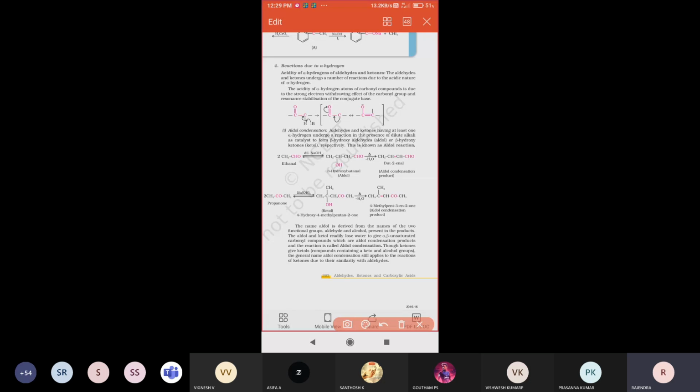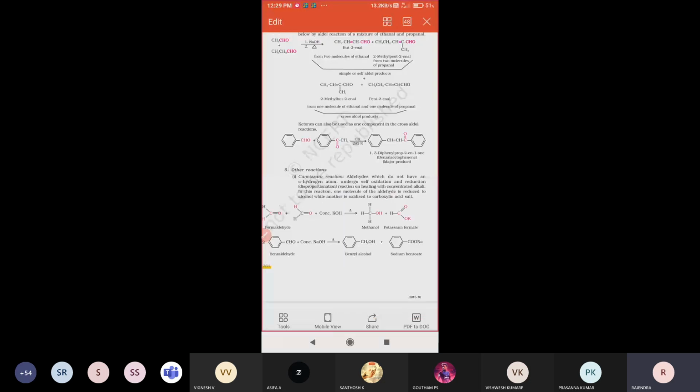Next, one more named reaction is the Cannizzaro reaction. For the Cannizzaro reaction, there should be no alpha hydrogen atom; it needs only beta hydrogen, so aldol condensation and the Cannizzaro reaction are entirely different. Next, we'll see what the Cannizzaro reaction is: first crossed aldol, and after that we go for the Cannizzaro reaction.